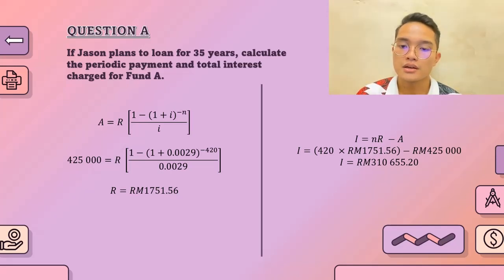I equal to open bracket 420 multiplied by 1,751 ringgit and 56 cents, close bracket, subtract 425,000 ringgit. And the answer will be 655,000 ringgit and 20 cents.